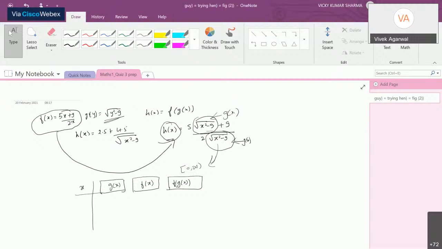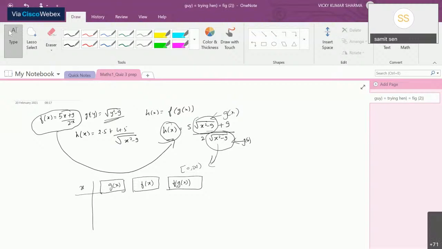So if we put these two together, x square minus 9 has to be greater than 0. So x should be greater than or equal to 3 or from minus infinity to minus 3. But this x square minus 9 under the square root is a function of g of x.